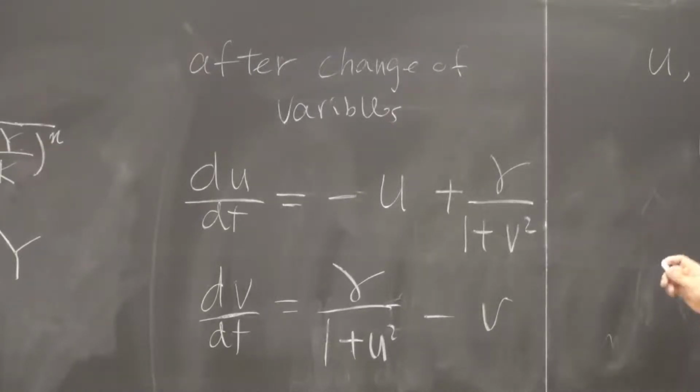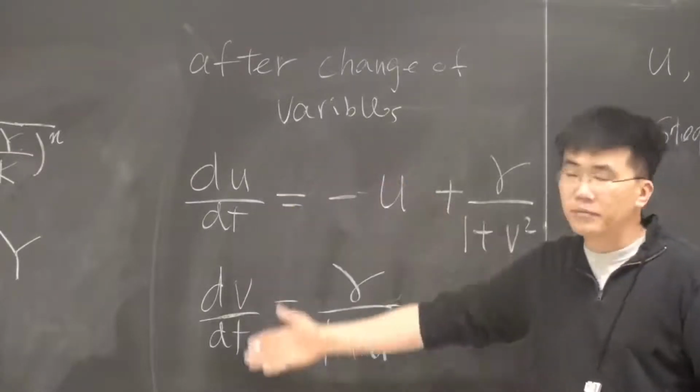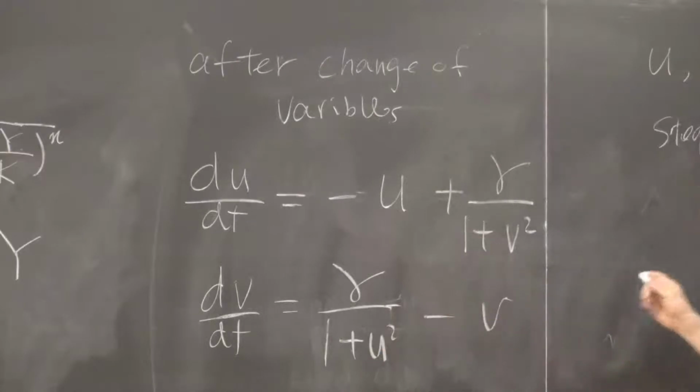Now, in steady state, you can determine the stationary point U0 and V0, where the left side becomes 0 because nothing changes there, right?